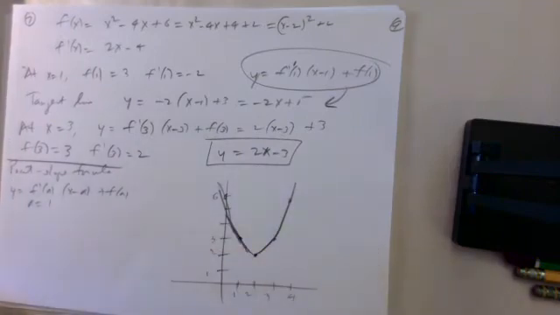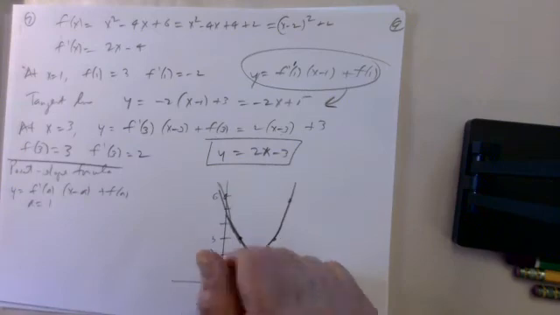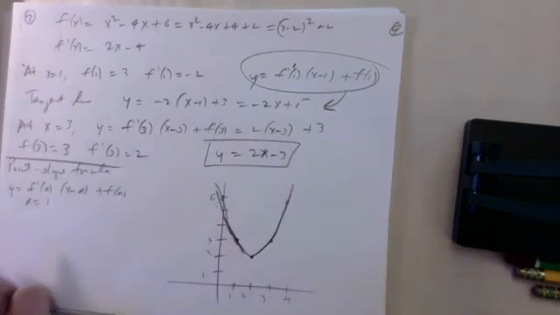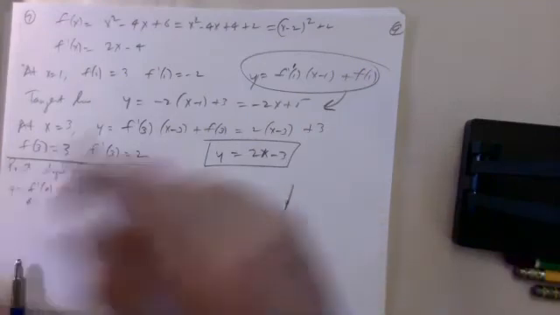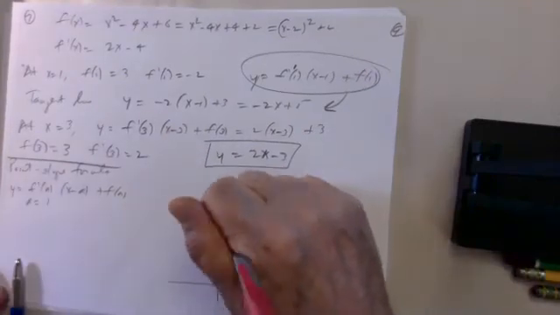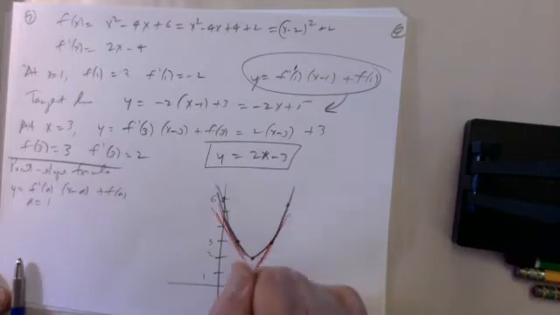And the tangent line at x equal 1 is minus 2x plus 5. And the tangent line at 3 is 2x minus 3.